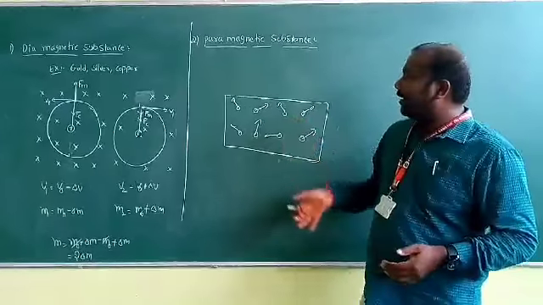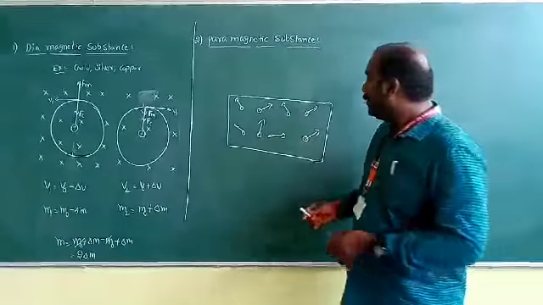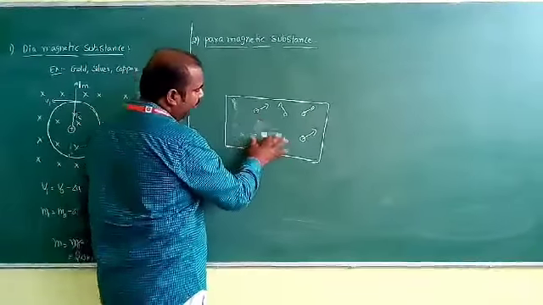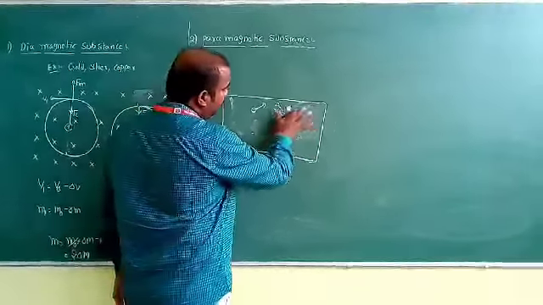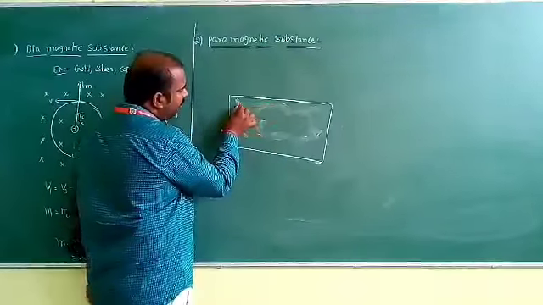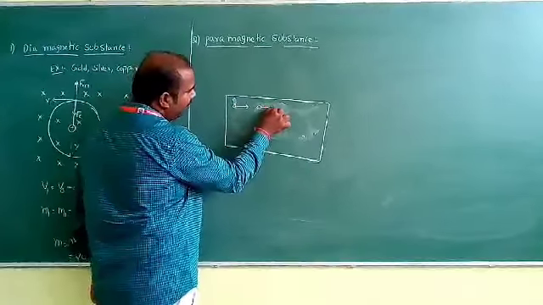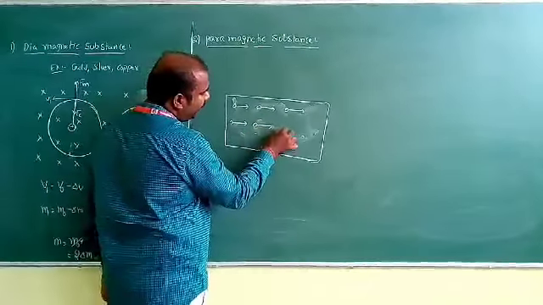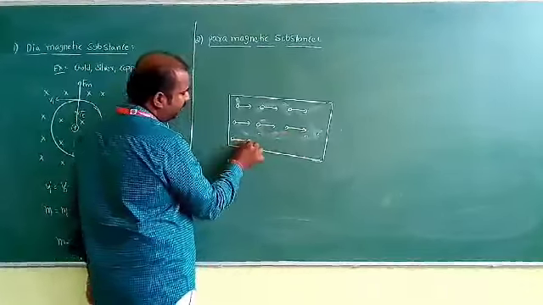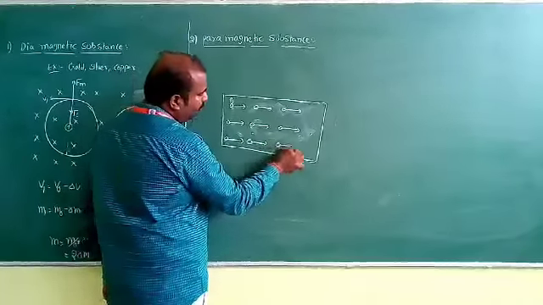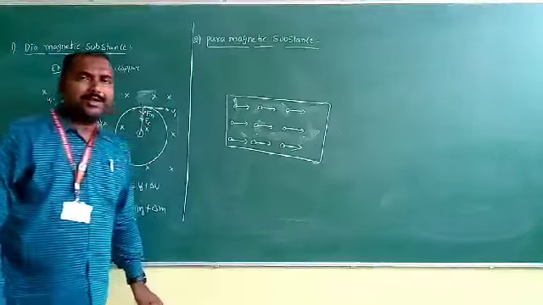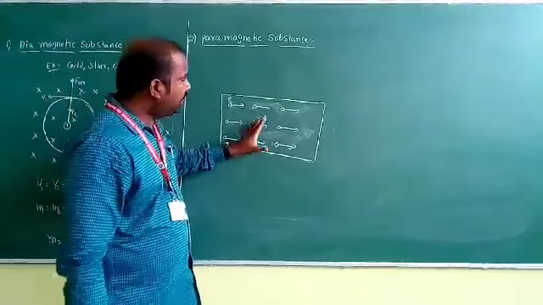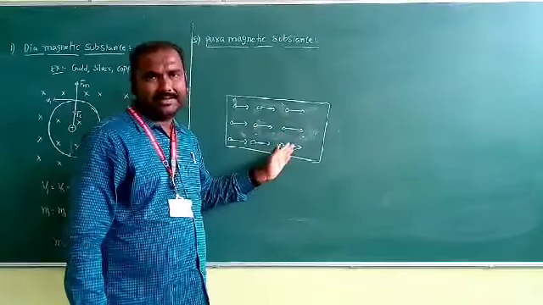That is the reason a paramagnetic substance at a particular temperature will not show any magnetism. But if an external magnetic field is applied, then what is happening? All these different directions, the electrons are orienting in one particular direction, like this. So if you add all of these, the net dipole moment will be present.